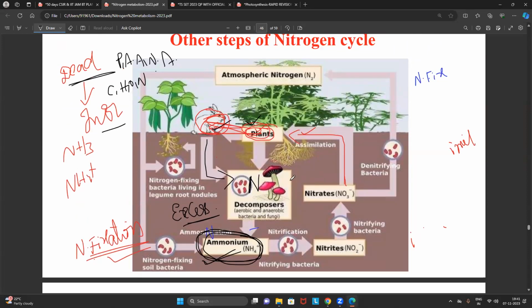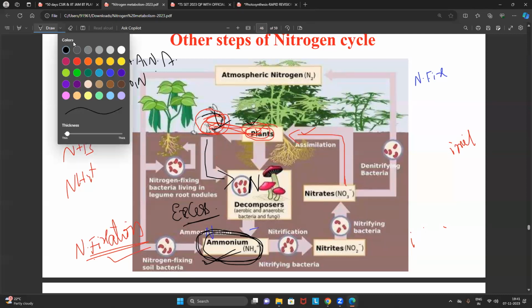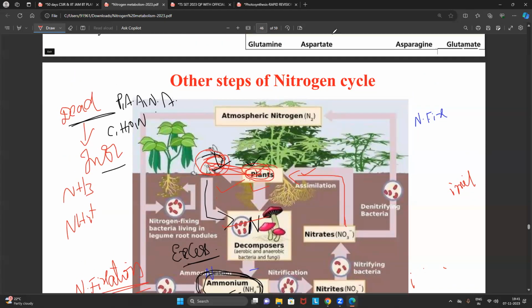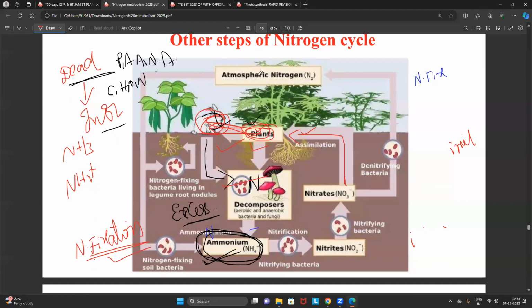Now you try to understand who got benefited. Plant got benefited, animal got benefited, is it? And microorganisms also got benefited. But you tell me, from where have we all taken the nitrogen? We have taken the nitrogen from the atmosphere, which means that we have to maintain the balance compulsorily. So we are sending the nitrates back to the atmosphere.